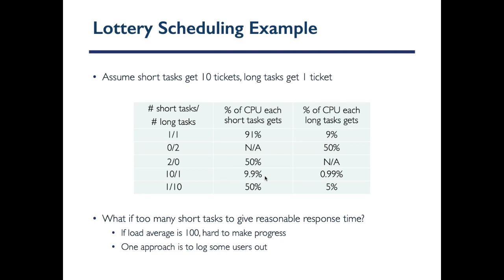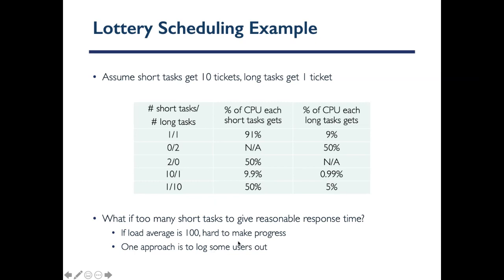One of the downsides of this is that, yes, on average, you get what you're entitled to, but in short periods of time, you may not. So with this randomness, on average, everybody gets what they deserve, but if you look at the short term, you may not actually get what you deserve because there is randomness.